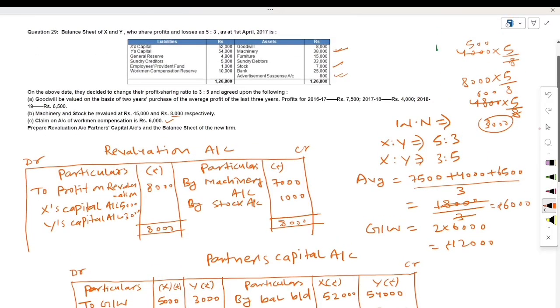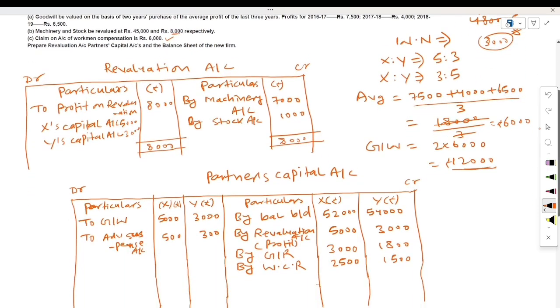at last we have to make an entry for the adjustment of valued goodwill. Here the value of valued goodwill was how much? 12,000. Valued goodwill will be adjusted in which ratio? Sacrificing ratio. So we have to calculate the sacrificing ratio. What would be the sacrificing ratio for X? 5 upon 8 old ratio minus new ratio 3 upon 8.